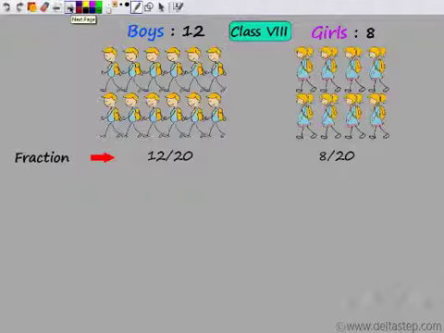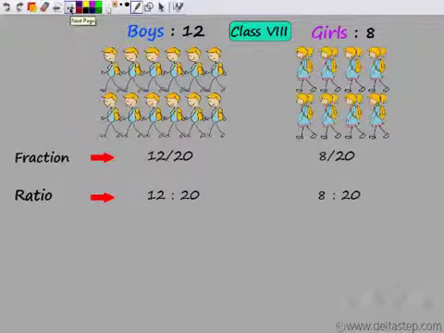Now these fractions are nothing but division of two numbers, which we know can be expressed as a ratio also. So by ratio, I can write it as 12:20, 8:20. What is this representing? This tells me the number of boys, which is 12, is to 20, the total number of students in class 8th.